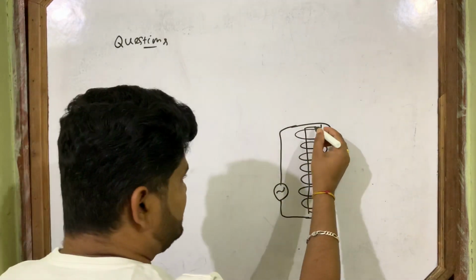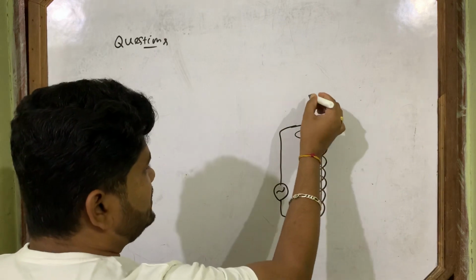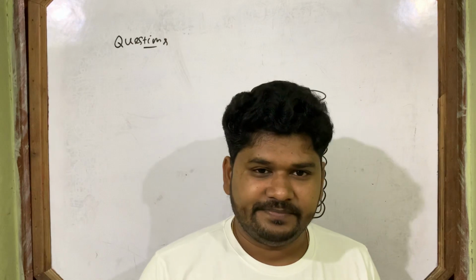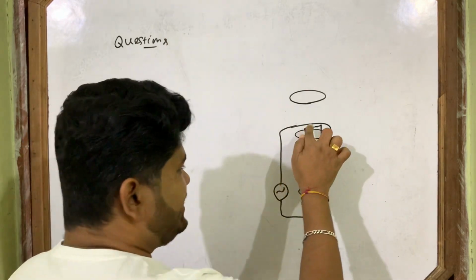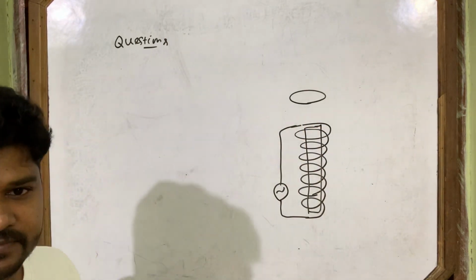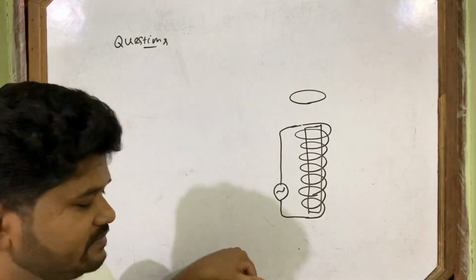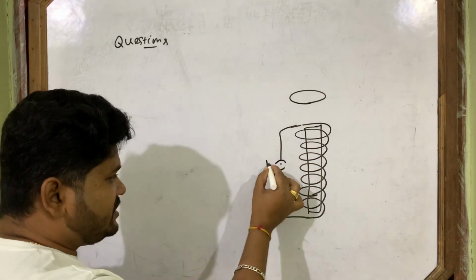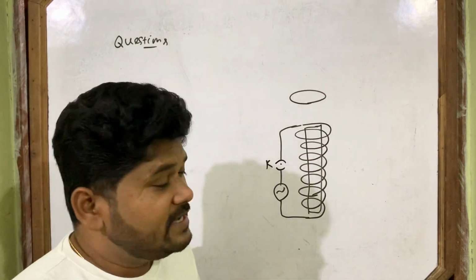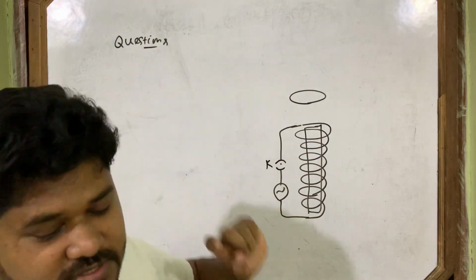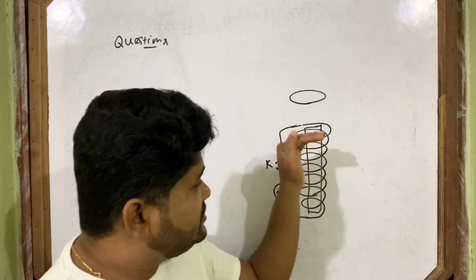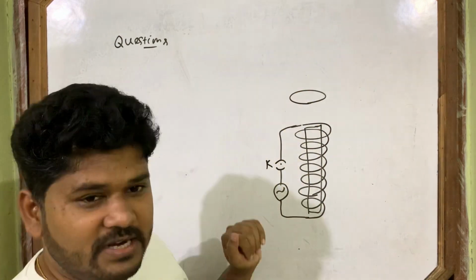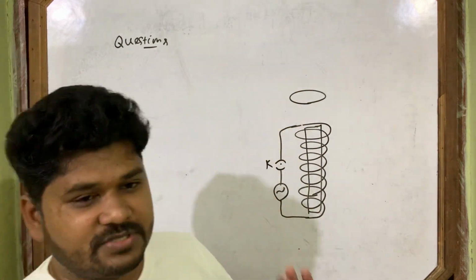Now you bring a metal disc or metal ring and keep it on the coil, and switch on. One key is connected here. When you do the switch on, this ring jumps from the coil.